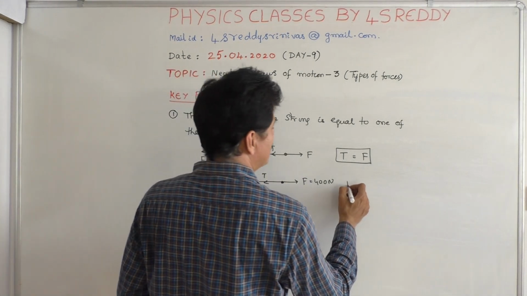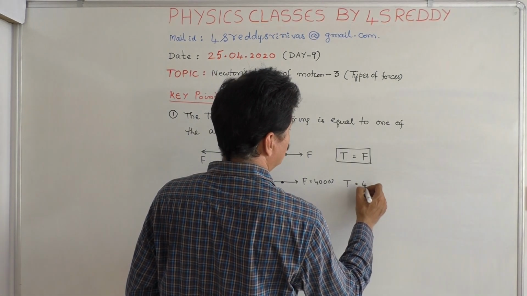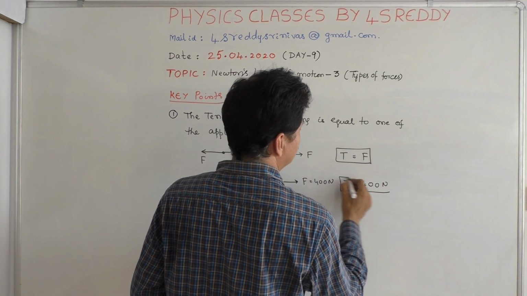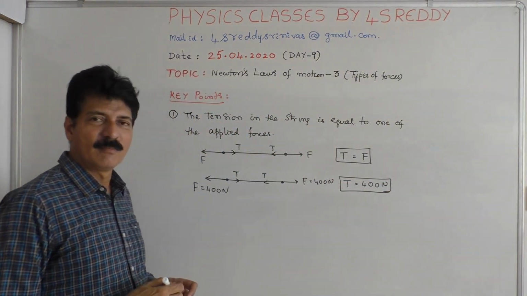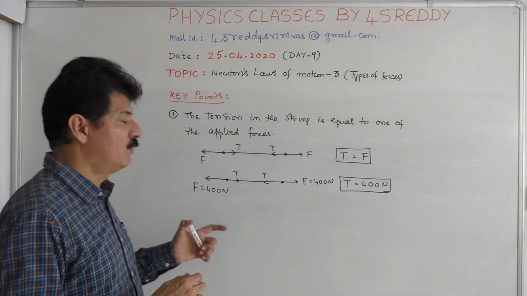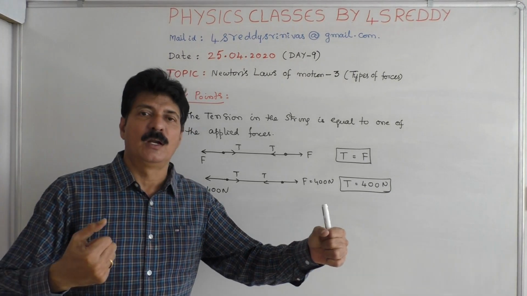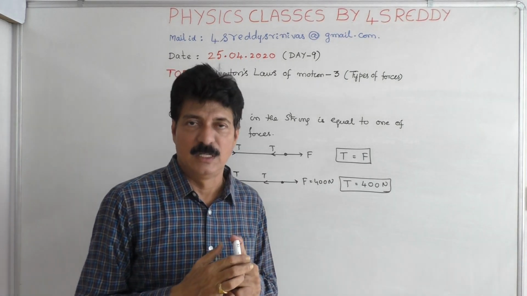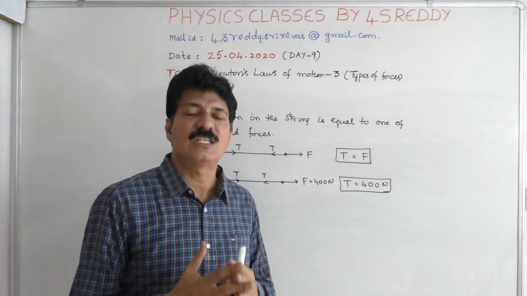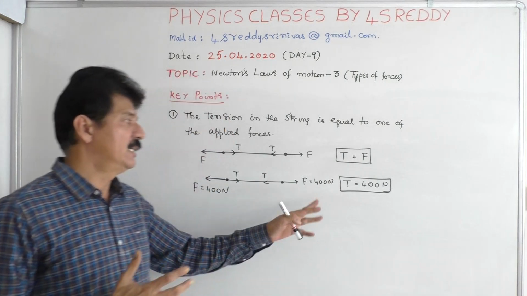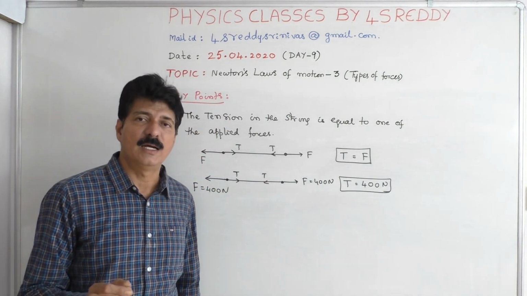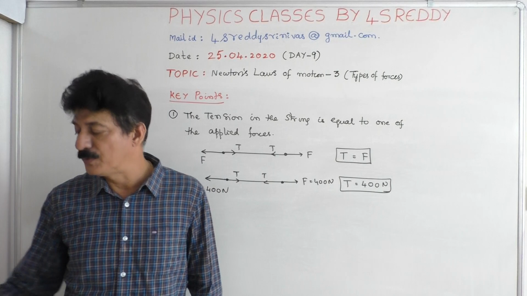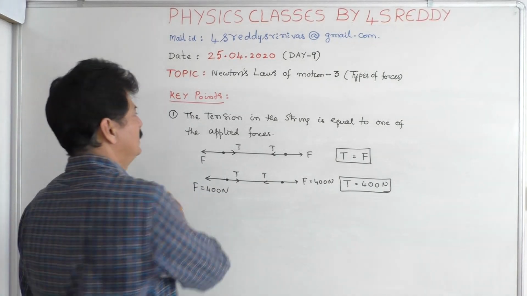Therefore, the tension is always equal to 400 Newtons. In a tug of war, if the rope is pulled at the free ends each with a force of 400 Newtons, then what is the tension in the string? If you are asked, it is always equal to 400 Newtons. This is the first point we should know. Next one.